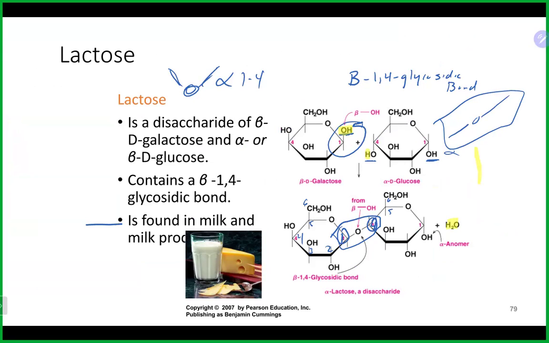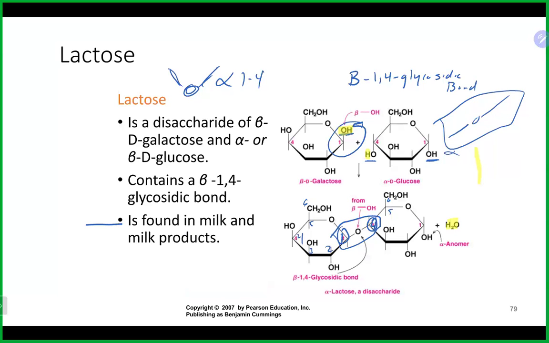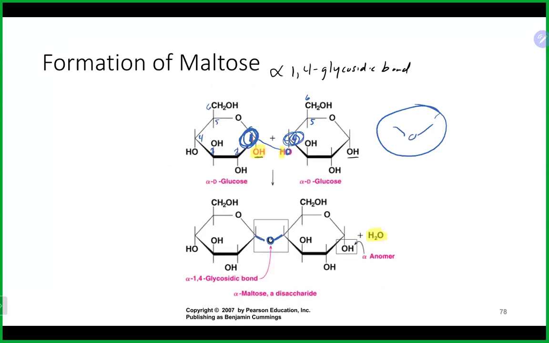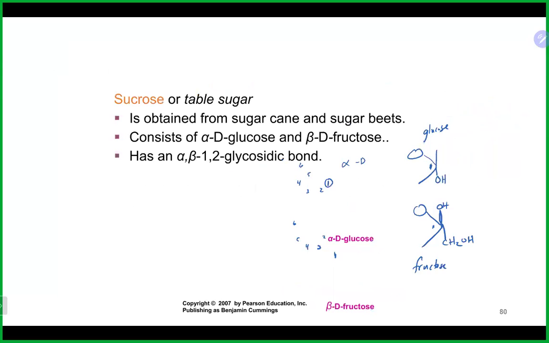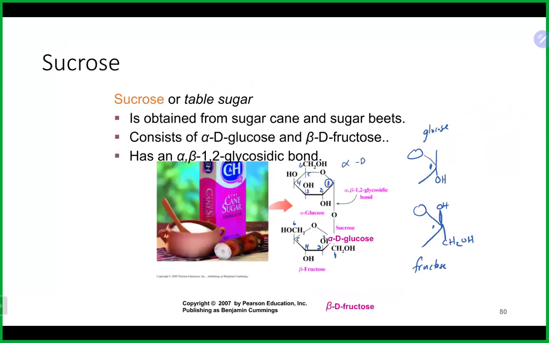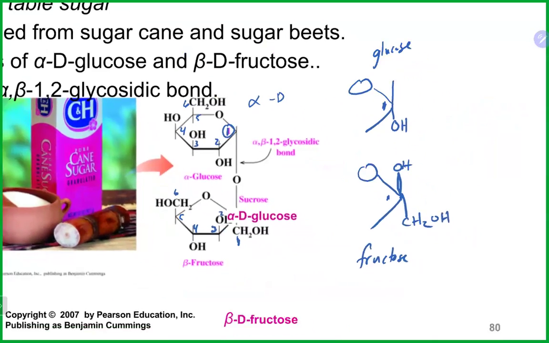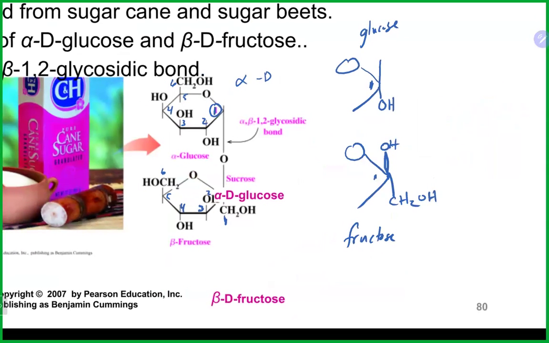And on the previous one as well, for our maltose, we also only involved one of those sort of alpha or beta carbons, carbon number 1. In this case, we have both of those, really carbon 1 and 2 in this case. But because they are both involved, that is why we have both of the descriptions here. So we have the alpha for our alpha glucose, and we have the beta connection.